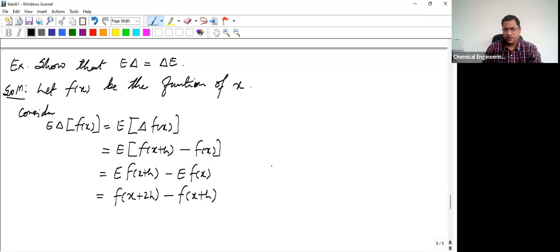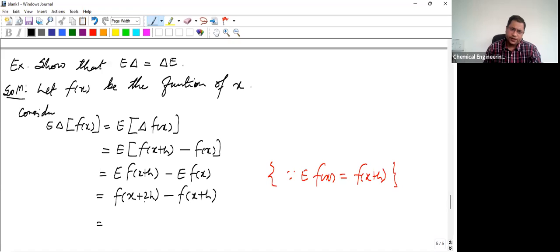What is the shift operator? The shift of f of x is f of x plus h, so x is increased by h. This x plus h is increased by h again, so it becomes 2h.